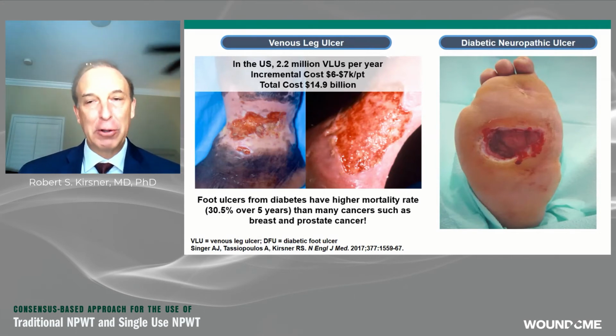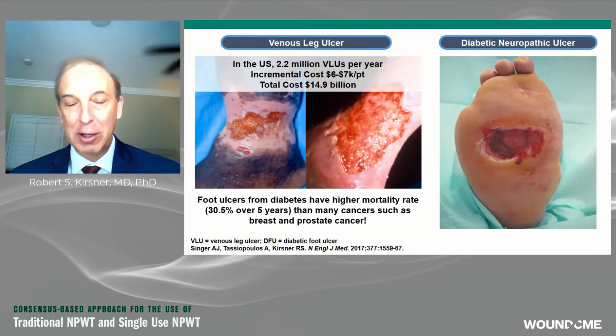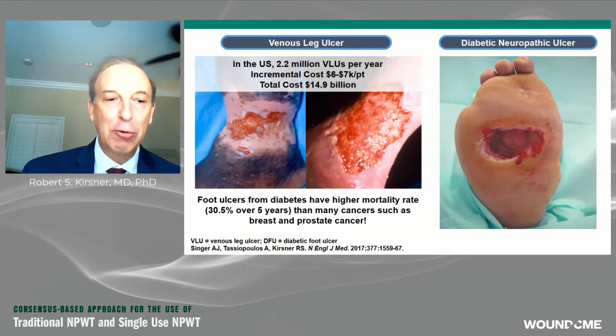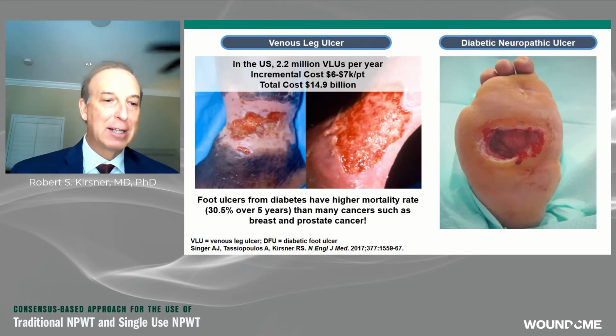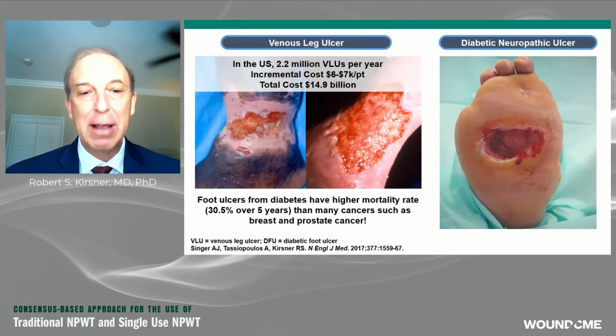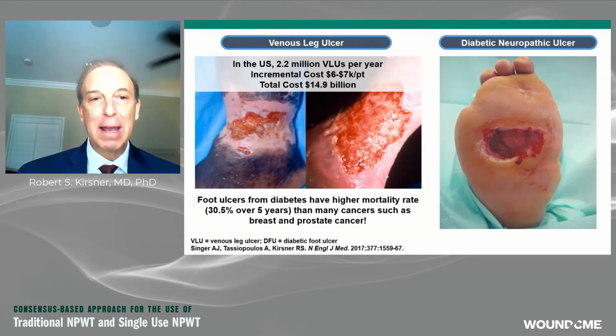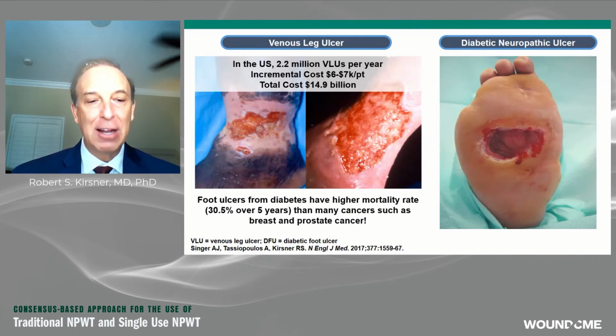Now, diabetic foot ulcers are also common and costly, but they also carry significant morbidity and even mortality. And we know from data that's emerged over the last decade that foot ulcers from diabetes have a higher mortality rate, estimated at above 30% over 5 years, than many cancers, such as prostate and breast cancers.